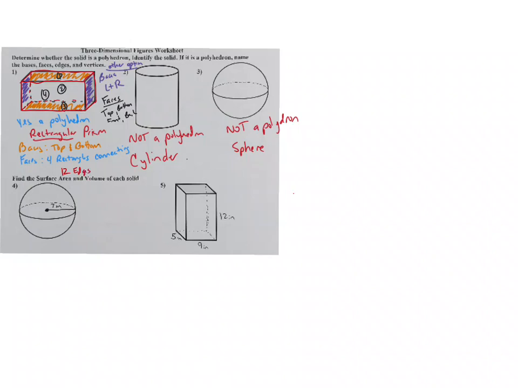It's all the segments. Now, the vertices are all the points where multiple edges meet. And there's 8 vertices. Right? Let's make that a little bit neater. All right, so that's it. That's all we're doing for those ones.